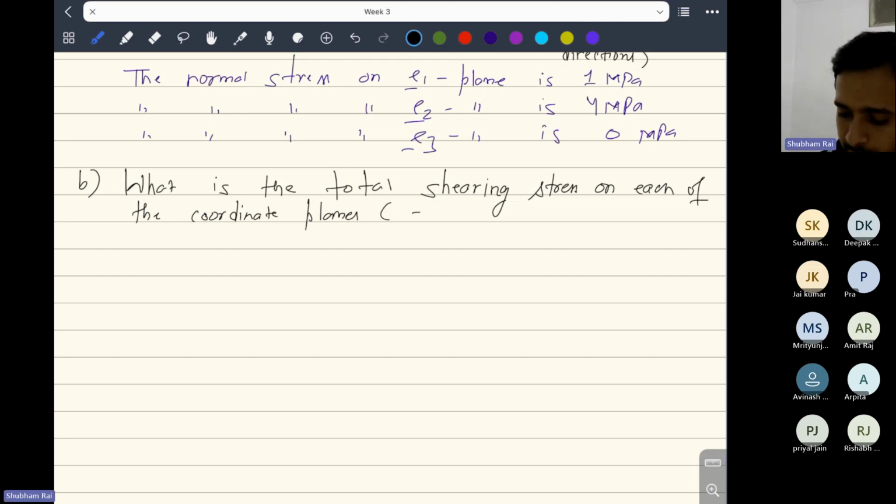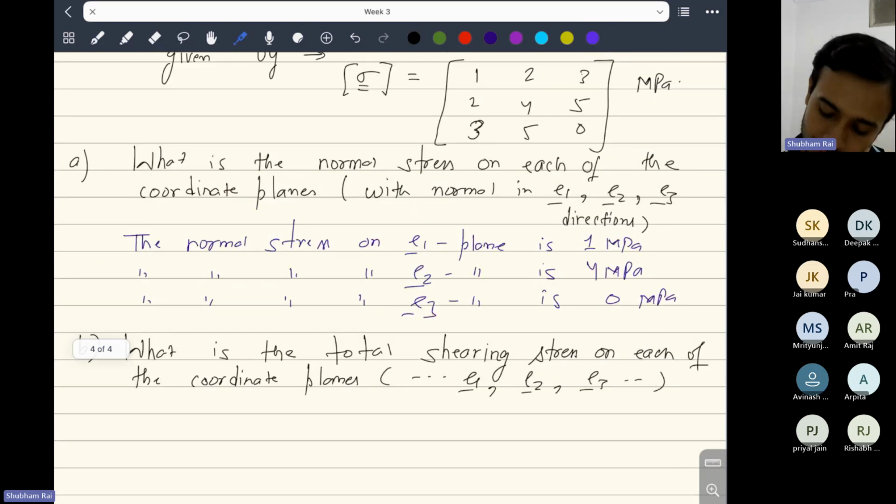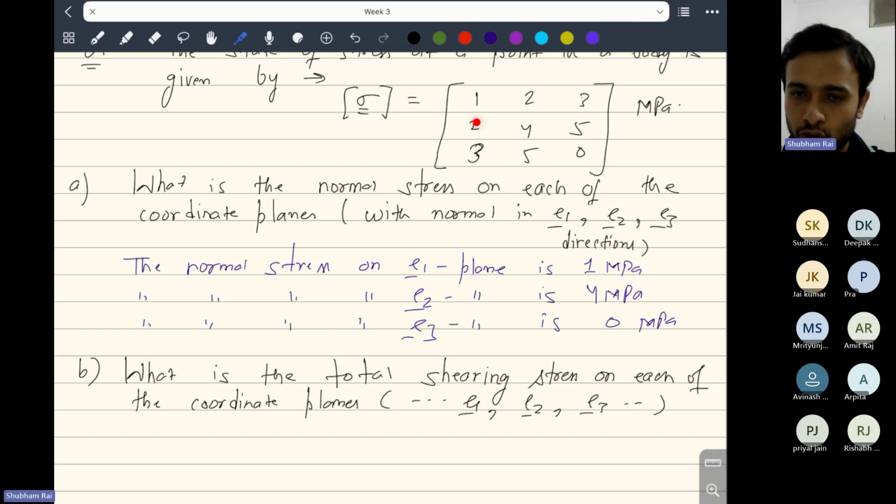Obviously, these coordinate planes have directions as E1, E2, E3. So now you have to find what is the total shearing stress on each of the coordinate planes. So you know that this first column represents traction vector on a plane with plane normal E1. So on that plane, these two are shear components, but we want total shearing stress. So we'll have to take the resultant of these two shear components.